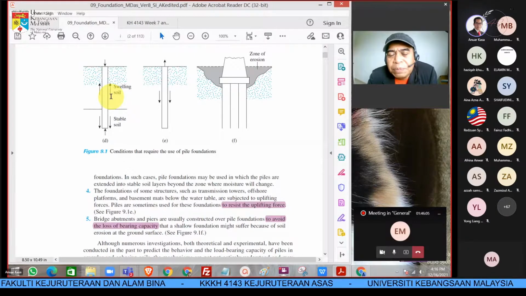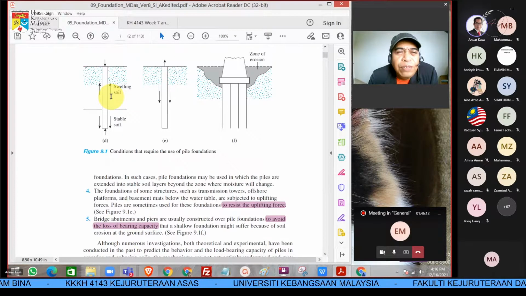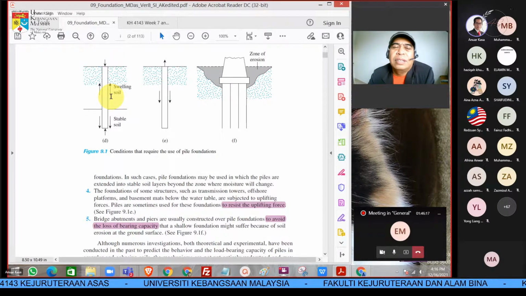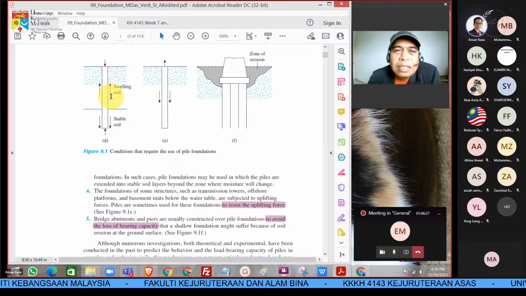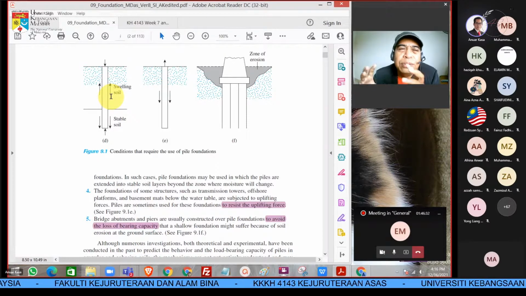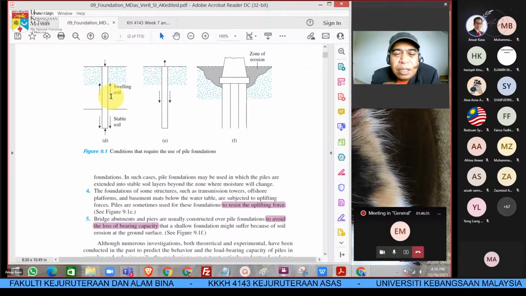For example, when you do the cut and the fill for soil, the area of fill is not suitable for pile unless you know how to handle it, because the fill area is not stable, so you need to really take care of it carefully.